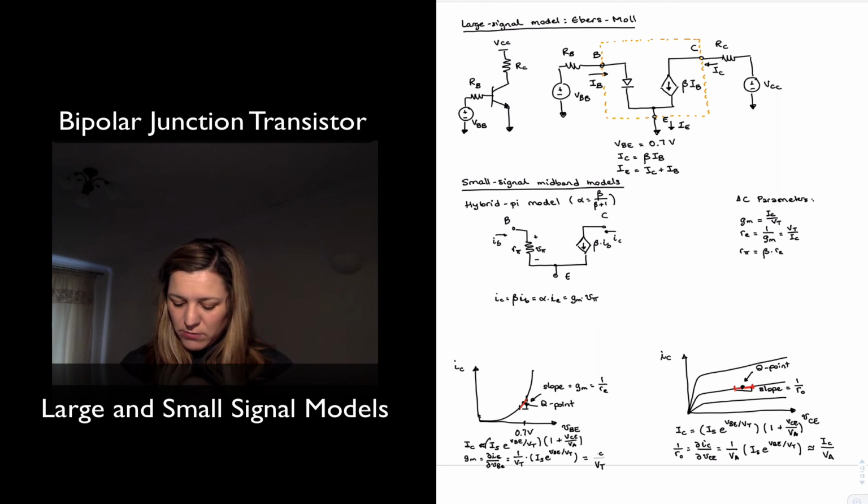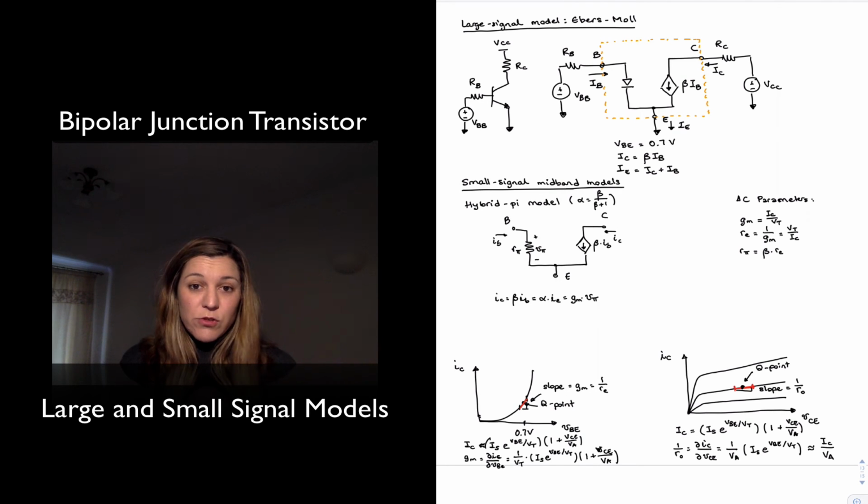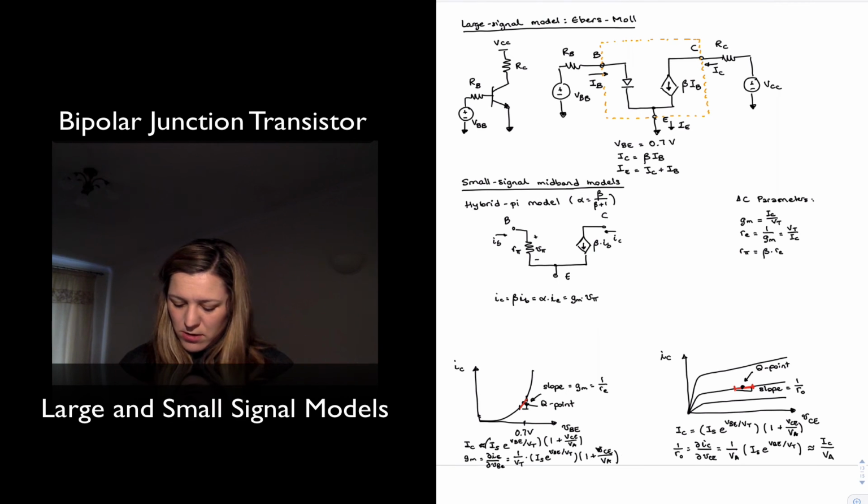It will have meant that in this case, our derivative will be this multiplied times that constant 1 plus VCE over VA. The reason why it's a constant is because in this case we're taking the derivative with respect to VBE, not VCE. And this is still equal to IC divided by VT.